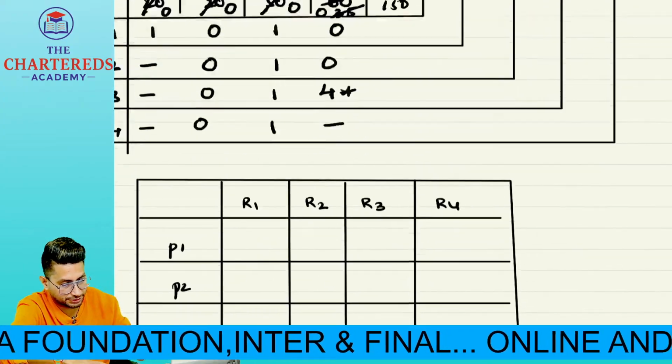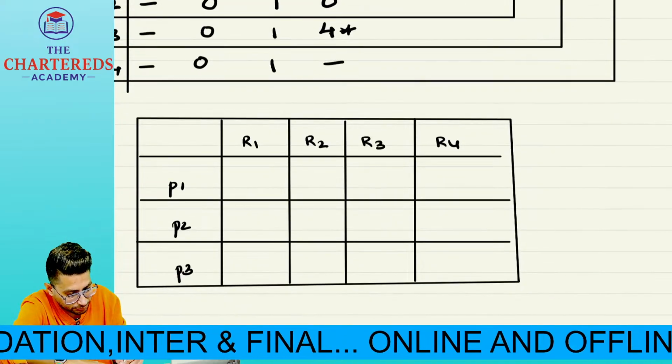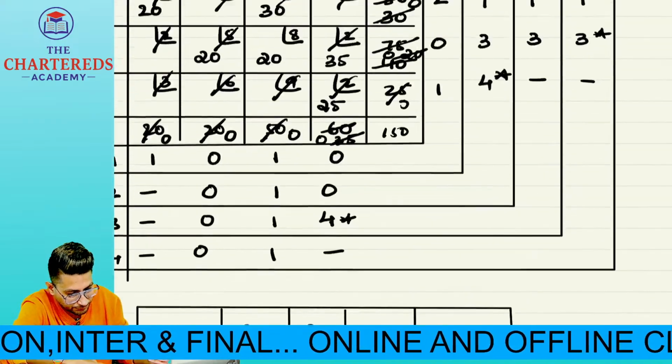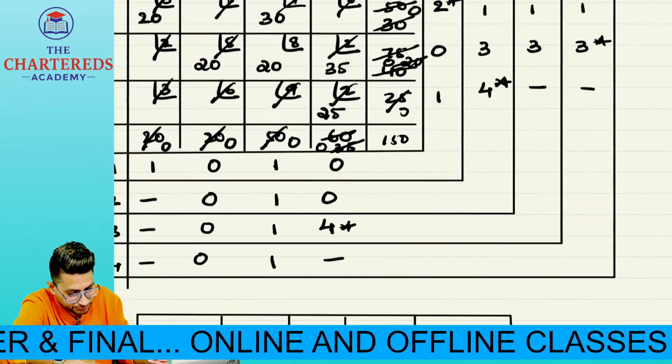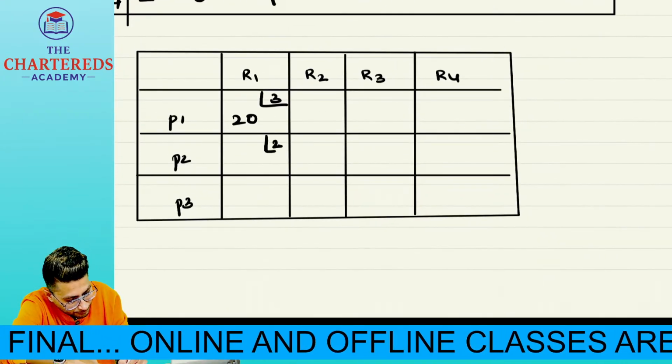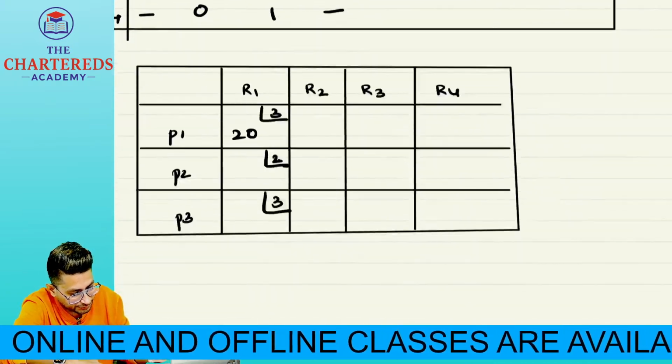Now, let us see the allocations, what we have done. Here we have done 3 and 20. Here it is 2. Here it is 3. Then 5, 5, 6.